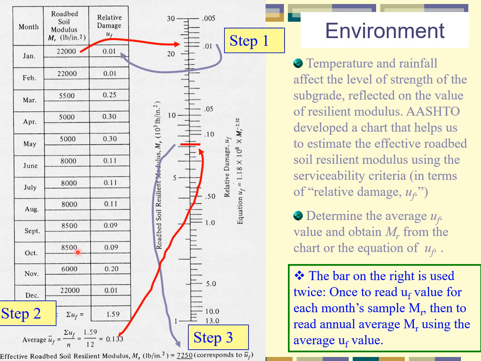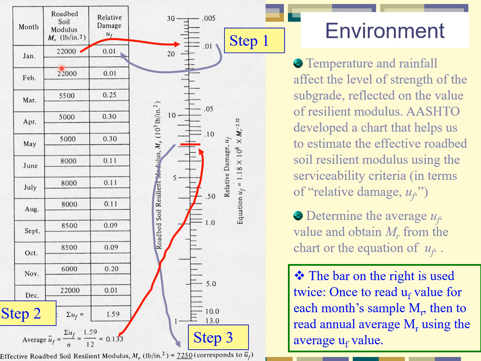Now one by one, for example in January, the value of the roadbed soil resilient modulus is 22,000 pounds per square inch. So use this bar. In this bar you can see on the left side we have the resilient modulus, and on the right side we have the relative damage value.